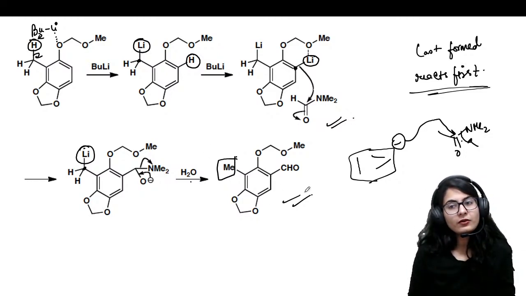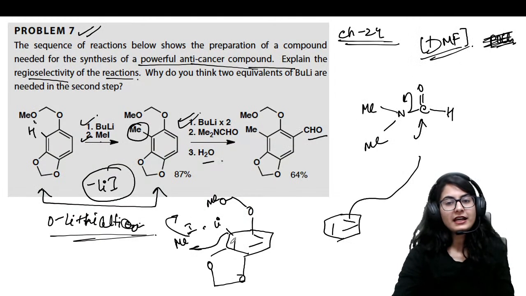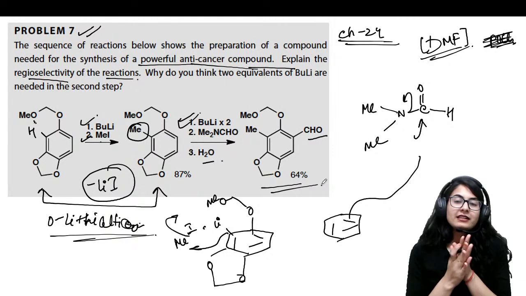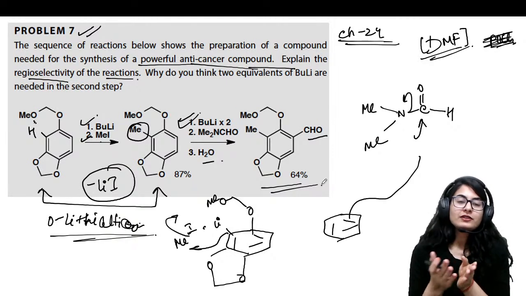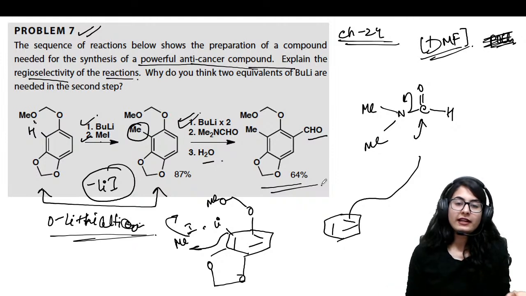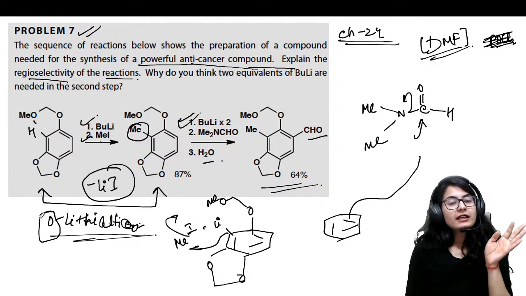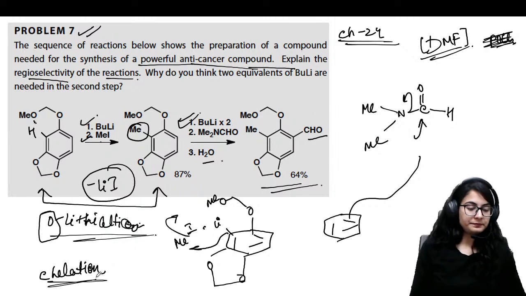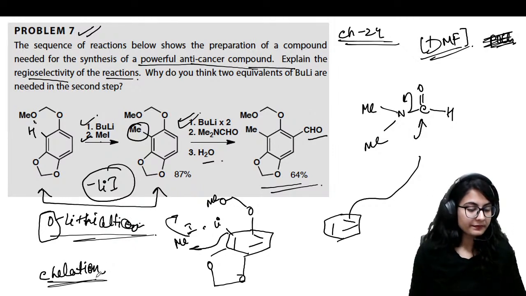Okay, so what do you think about it? It's not a Vilsmeier-Haack reaction, no Mannich reaction. It's just ortholithiation, back-to-back ortholithiation taking place. Now this is all regioselectivity, guys. Why does the ortholithiation happen on the ortho position only? That's because of chelation. Okay.